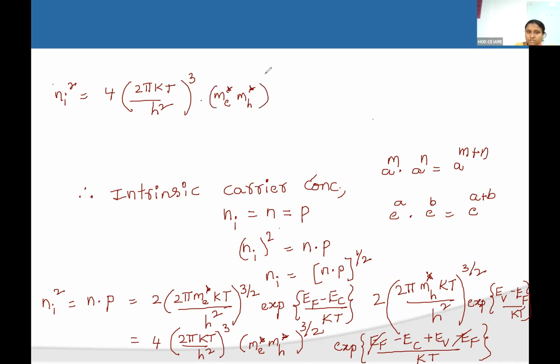And what about the exponential term? Because EF has got cancelled, we are left only with exponential of (EV minus EC) by kT. Right, students? Yes, ma'am. Okay. But we need to get the expression for only Ni.